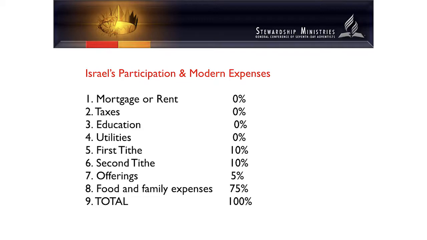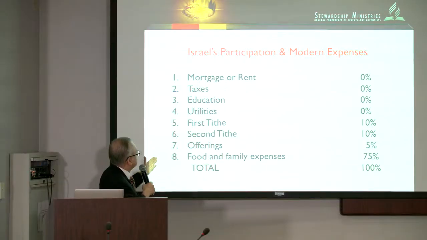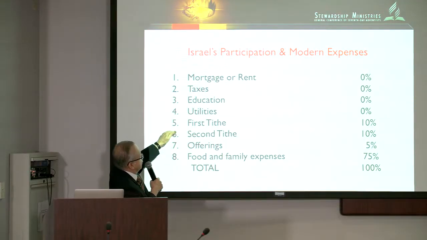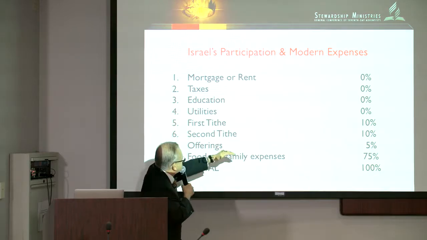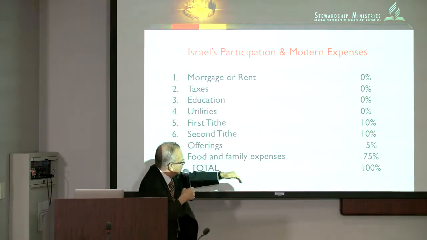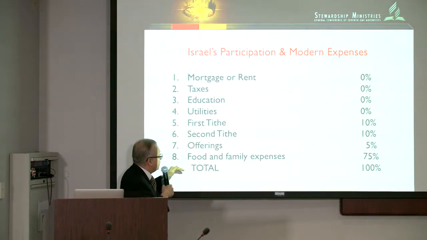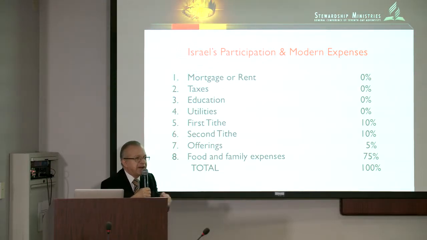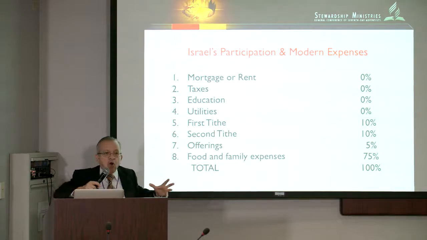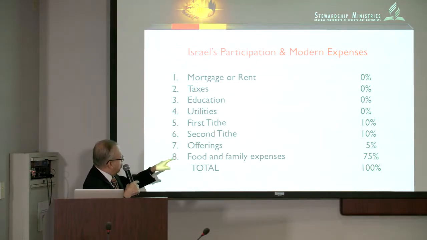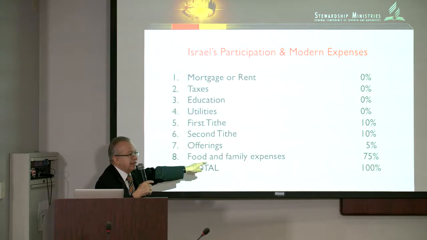Zero. Taxes, zero. Education, zero, because the Levites were in charge of the education. Utilities, zero. First tithe, 10%. Second tithe, 10%. Offering, 5%. So the families remained with 75% of all the income for food and expenses.